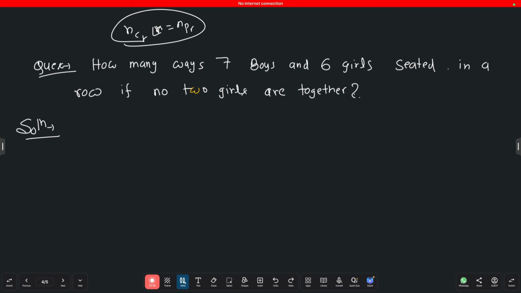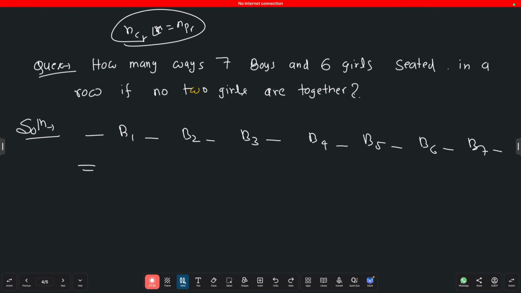Now 7 boys, B1 to B7, with gaps: 1, 2, 3, 4, 5, 6, 7, 8 gaps available.